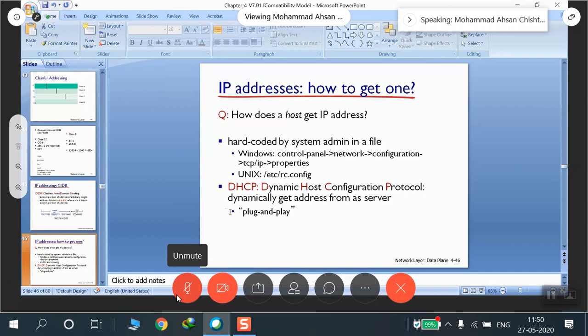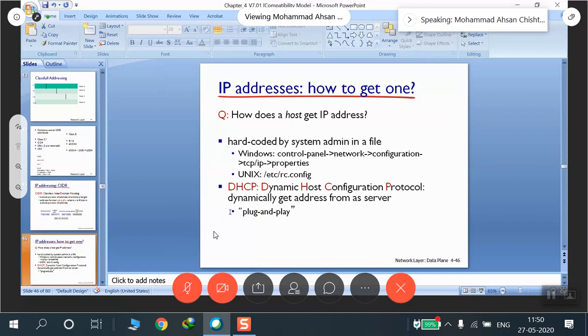It would include the IP address, the first hop router, or what I just mentioned as the default gateway, the primary DNS, the secondary DNS and so on. All this information would be sent by your router or by the DHCP server to which you are connected, and it would be programmed within your PC.